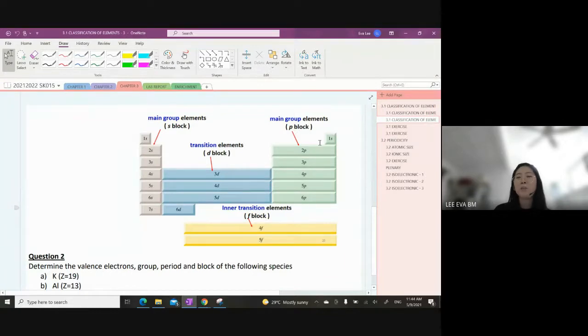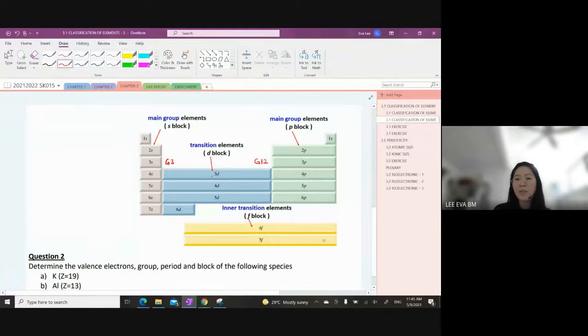So untuk helium adalah salah satu exception. And then for P block, that means the last electron is entering the P subshell, starting from 2p, 3p, 4p, 5p, and so on, from group 13 until group 18. For your transition elements, it starts from group 3 until group 12.